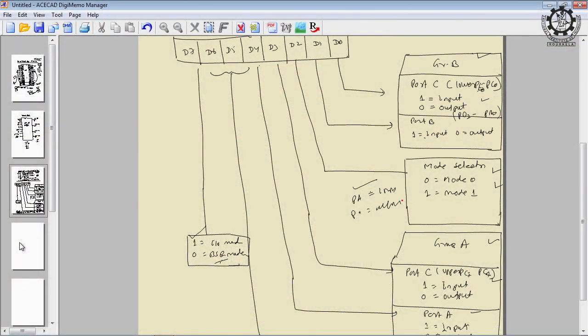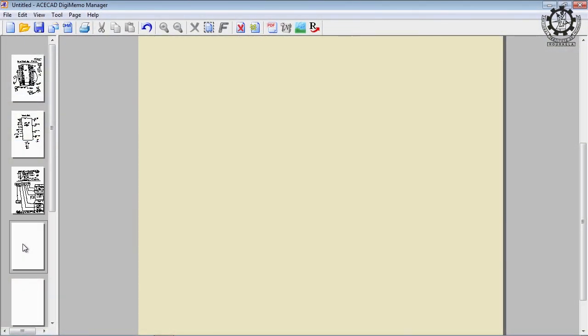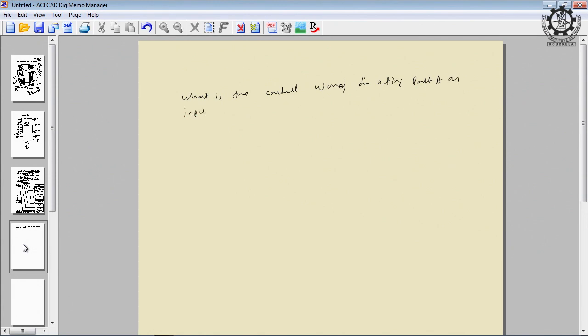Is it okay? Suppose a problem is given: what is the control word for setting port A as input, port B as output, and operating in I/O mode?